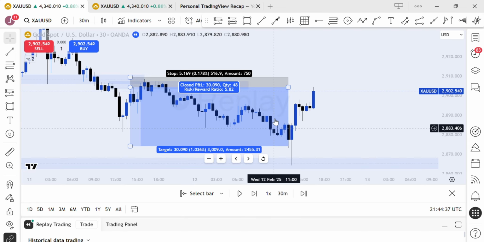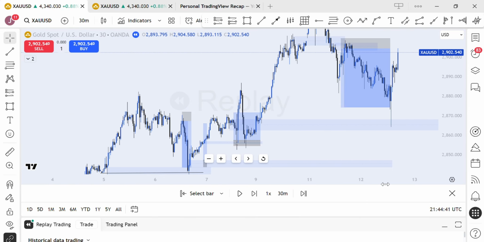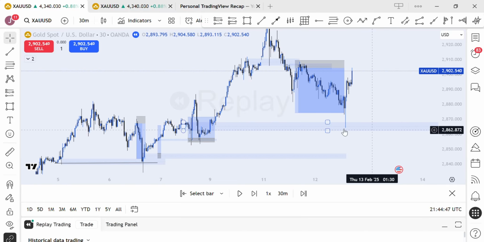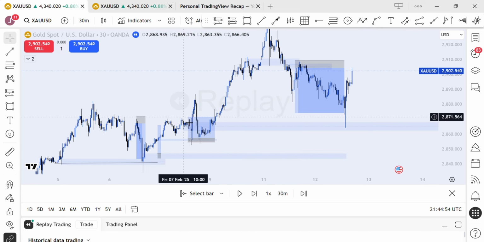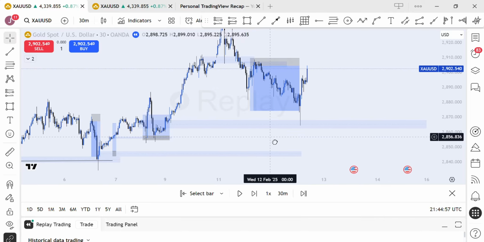Guys, so our TP hit, and after hitting our TP, we see price tapping into this point of interest that we marked out. Okay, so this was the other block price disrespected.